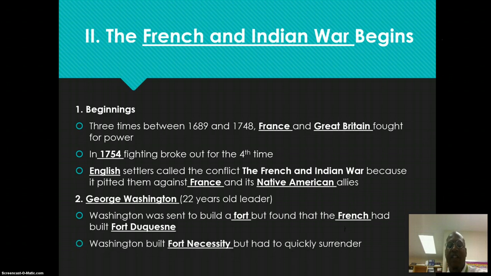Washington set up Fort Necessity, but he experienced defeat in establishing and defending this fort. Yet this was a great experience for him, and it allowed him to come under the tutelage of one of Britain's great generals and learn a lot from him. This would lead to further success during the revolution, and as he led our country as our first president.